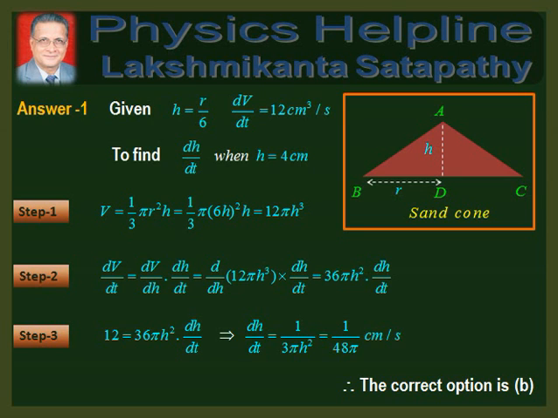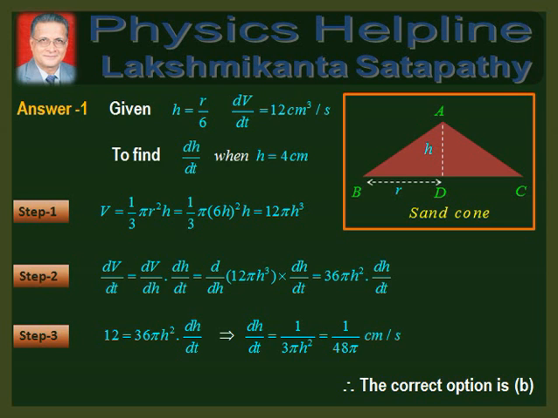Now, d by dh of 12 pi h cube is equal to 36 pi h square, which gives dV by dt is equal to 36 pi h square into dh by dt.